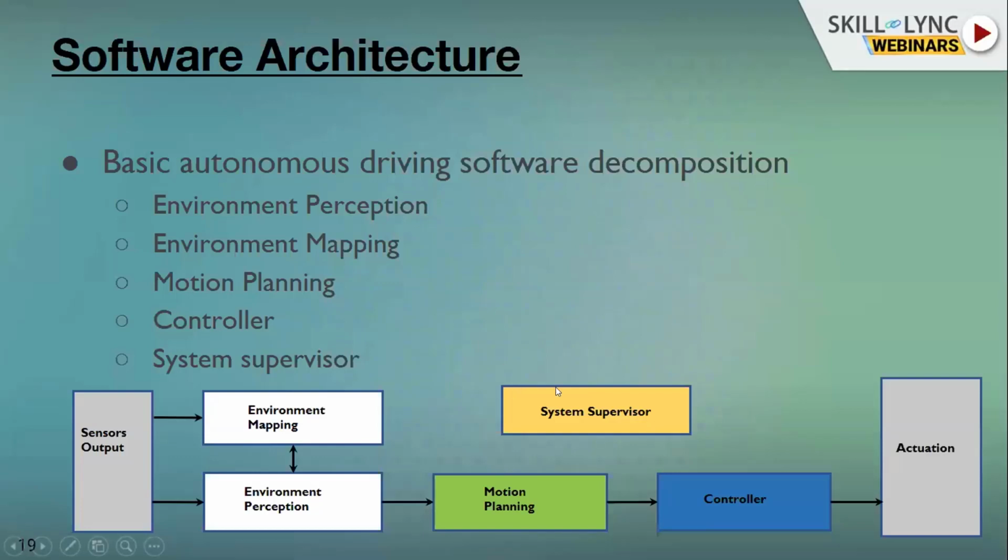And then the next important system is the system supervisor. It will monitor our entire driving cycle of the autonomous driving. In the system supervisor we have two types of supervisor: one is the hardware supervisor, and one is the software supervisor.